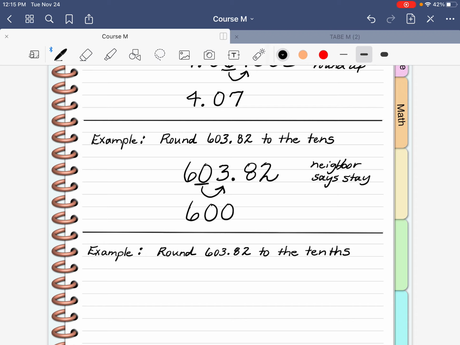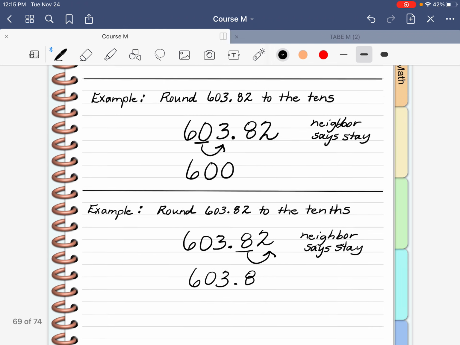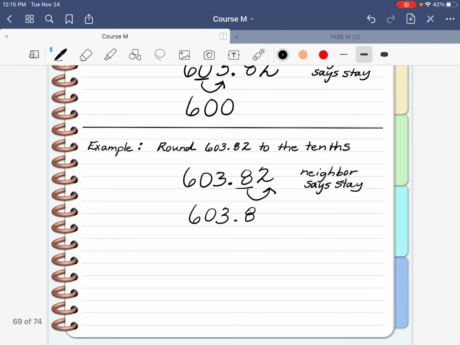So this time my point of reference is the 8. I look back, ask the neighbor. Neighbor says stay. So 603.8, or 603 and 8 tenths.